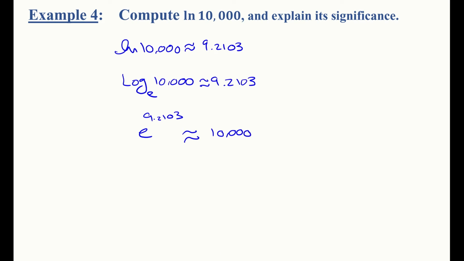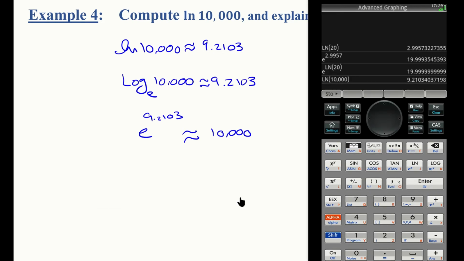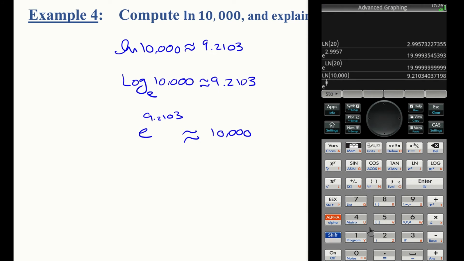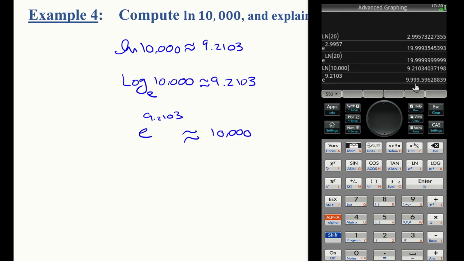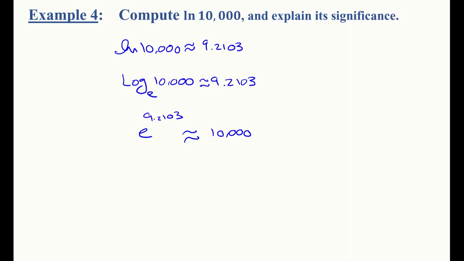So if we test it out, we can just type in e to the power of 9.2103, and once we hit enter, we expect to get something very close to 10,000. Again, the more digits we use, the closer it will get to 10,000.